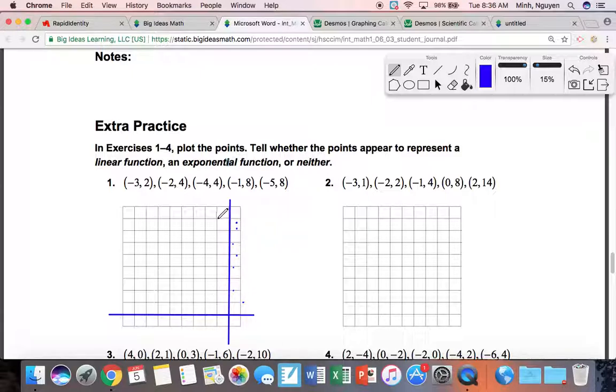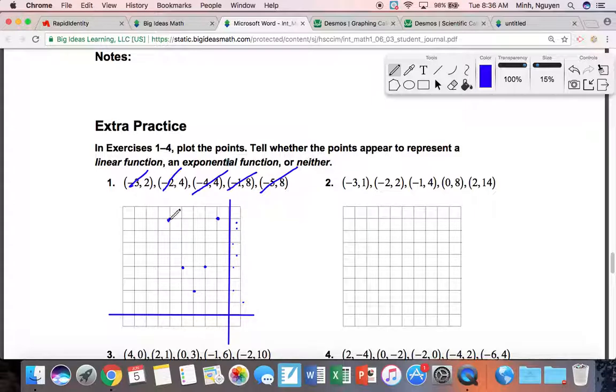We're just going by ones. -5, 8. -4, 4. -2, 4. -3, 2.